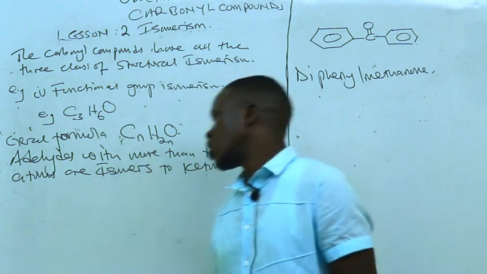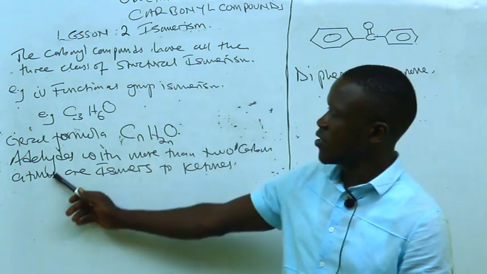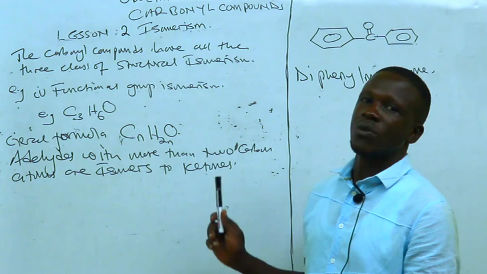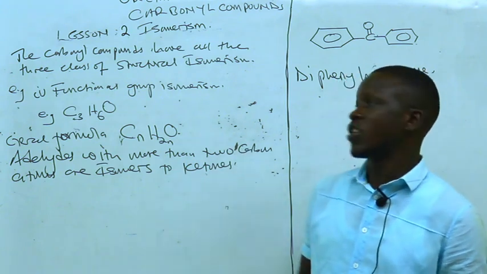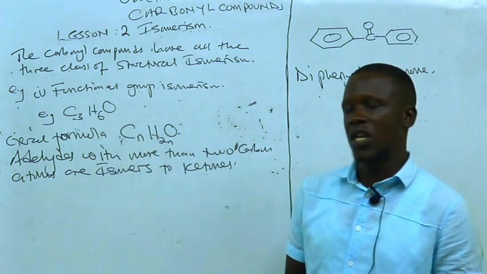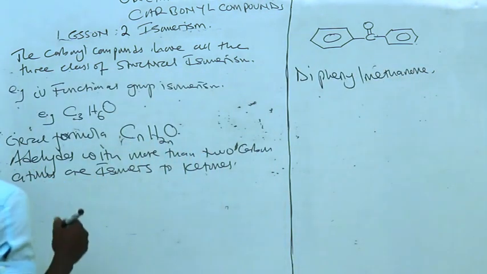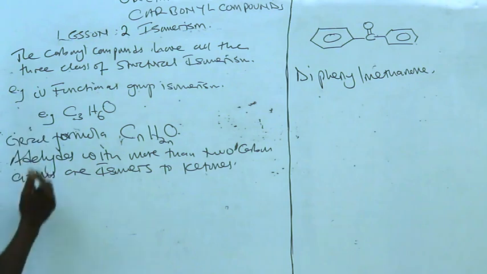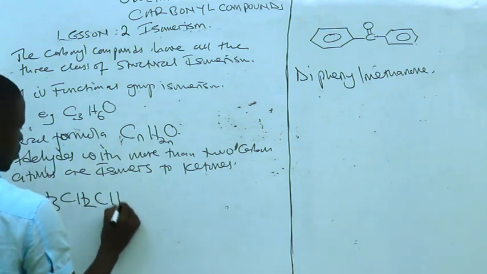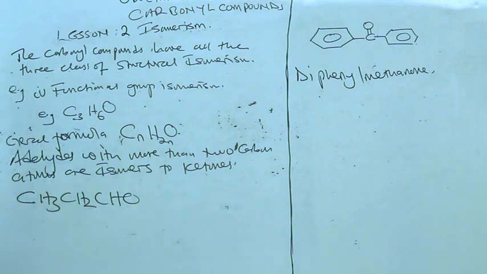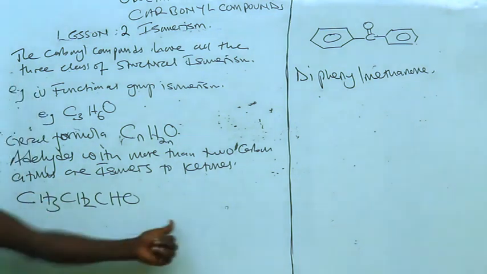And so carbonyl compounds called the aldehydes with more than 2 carbon atoms will always be isomeric to a certain ketone somewhere. Let's look at this molecular formula given. If we are to write an aldehyde of 3 carbon atoms, then it will be CH3, CH2, CHO. How many carbon atoms? 3, just like this.